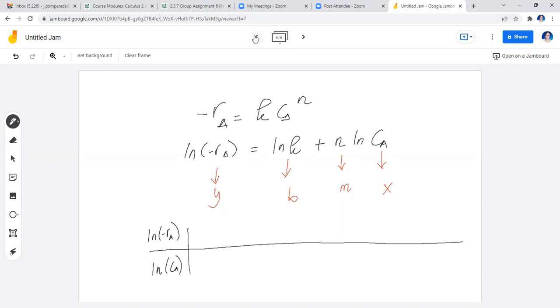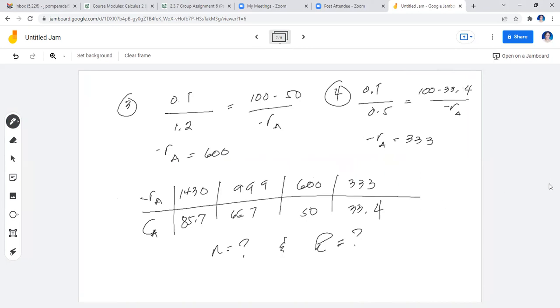So we'll get the ln of 1,430 and 85.7. Can you do that, Aina? ln of 1,430 and ln of 85.7. Next would be the ln of 999 and ln of 66.7. That would be Drexel. The ln of 600 and the ln of 50. That would be Vincent. And the ln of 333 together with the ln of 33.4.